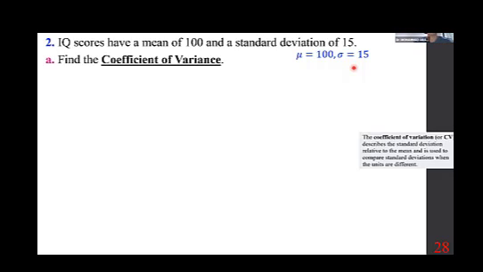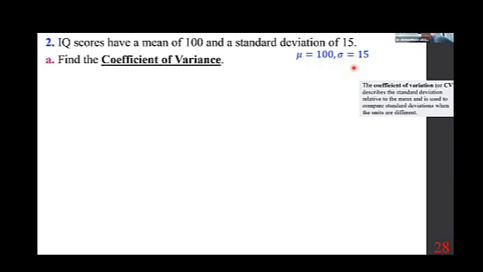Coefficient of variance has a specific definition, describes the standard deviation relative to the mean, and is used to compare the standard deviation when the units are different. So in this case, sigma over mu times 100%. This one is just to change it to a percentage, because normally we use percentage to represent a coefficient of variance.